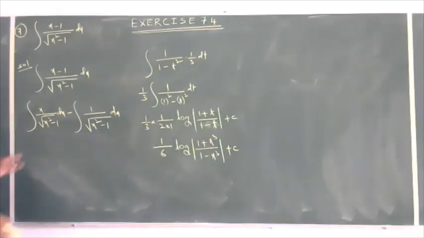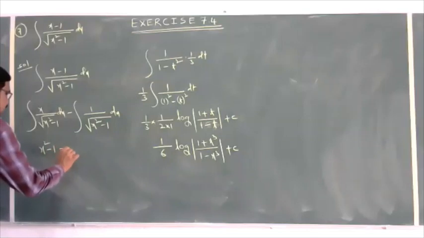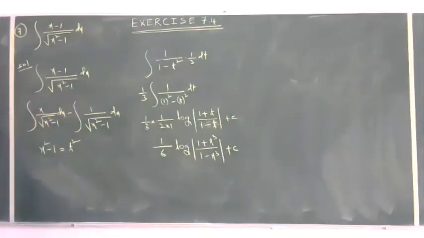So the derivative of x square is 2x. That is x here. That's why in the root you take x square minus 1 directly as t square. Let x square minus 1 is equal to t square.